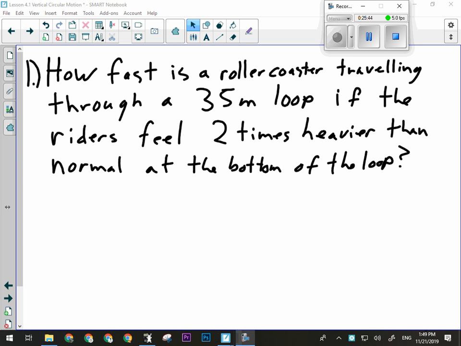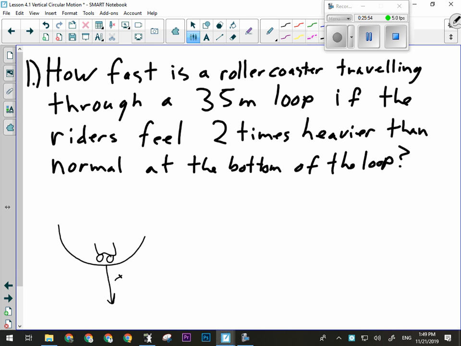All right, I'm not going to go through the whole thing, but I'm going to give you a little tip here. So we're dealing with the bottom of the loop, and I'm hearing people discuss this, and they're on the right track. Gravity is acting out of the loop at the bottom. What force is acting in? Fn.